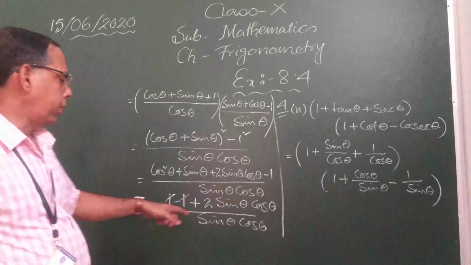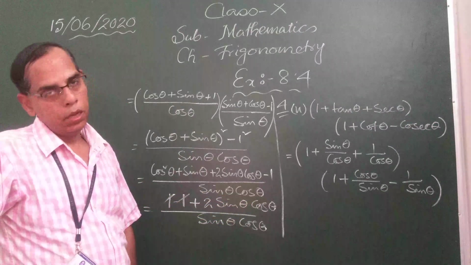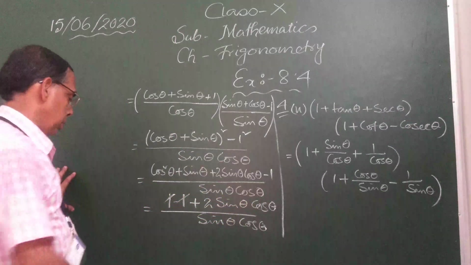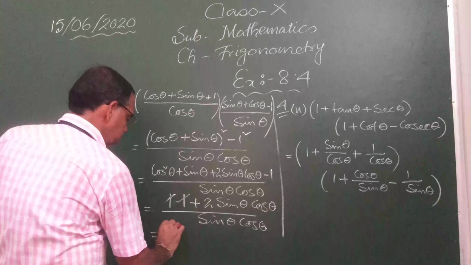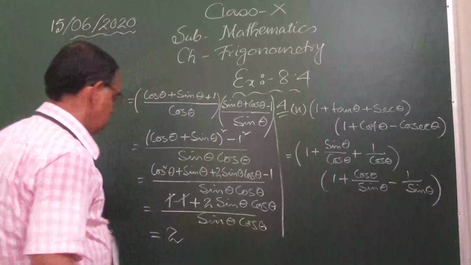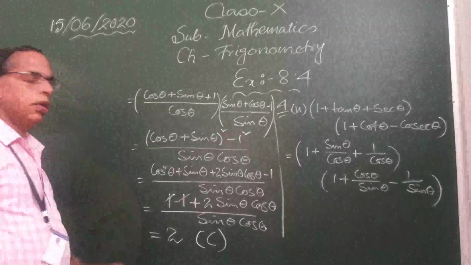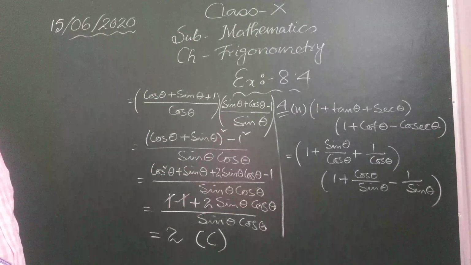So in the next step, 2 sin θ cos θ divided by sin θ cos θ. If you cancel, the answer will be 1. So which will be the option? The option is C. So if you choose the correct answer, then the correct answer is C.